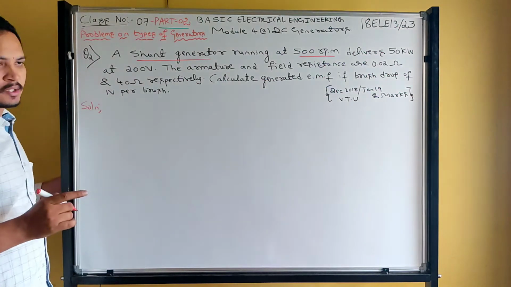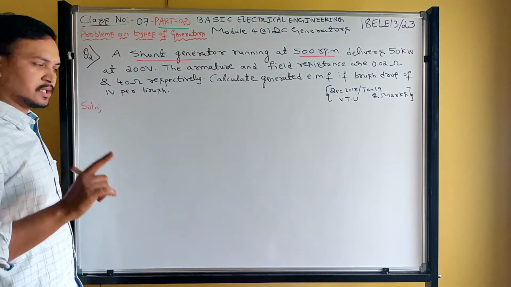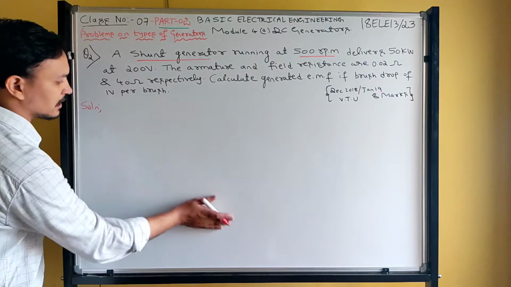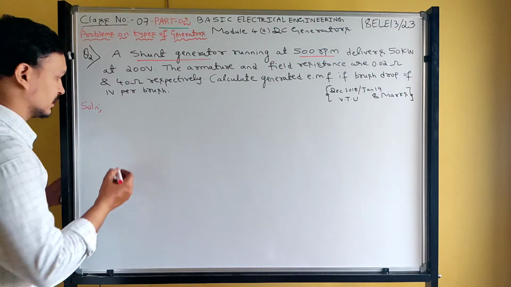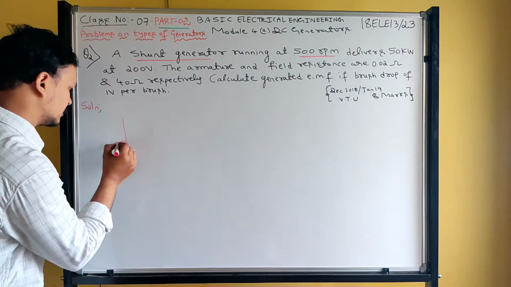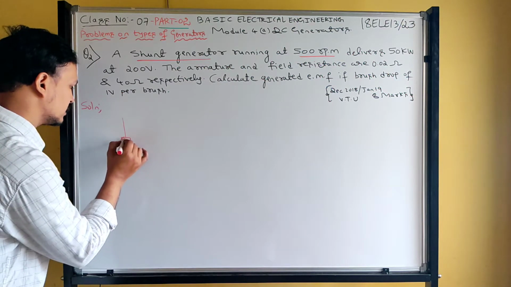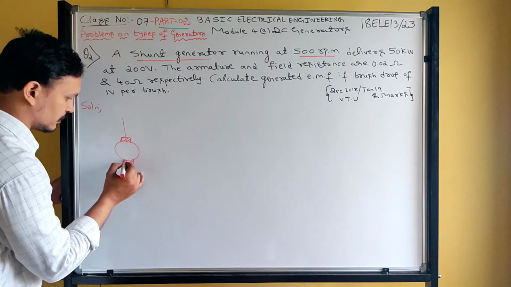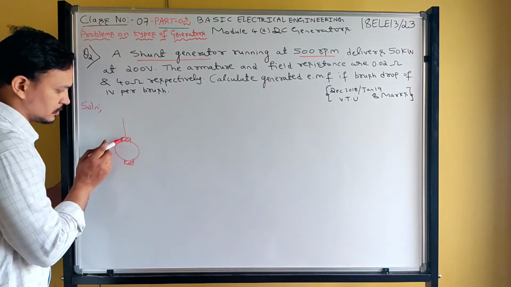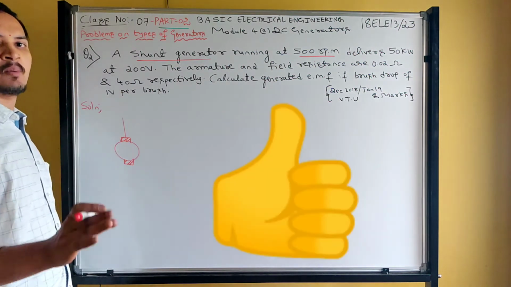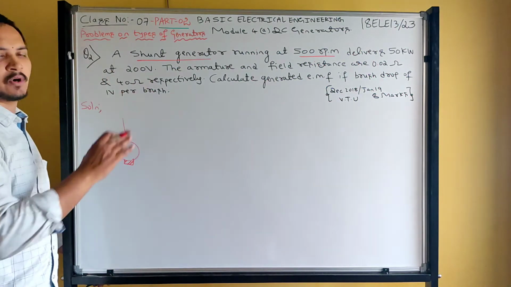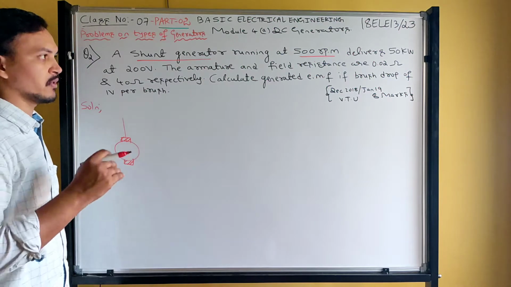See, first guys, while solving, you just write the diagram of the given type of generator so that you can easily analyze. You can't make any mistakes further. So just draw a diagram neatly. See what I am writing now. This part is called brushes. These two are brushes. Minimum possible brushes is 2, irrespective of any type of winding they have mentioned, lap or wave winding.